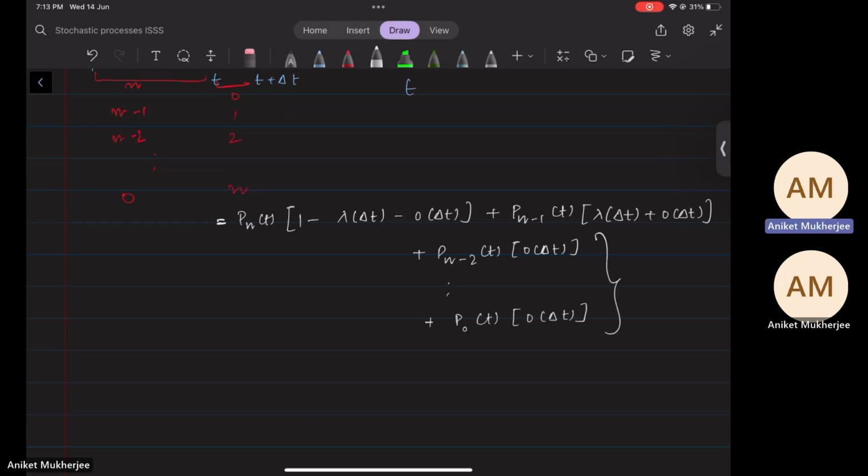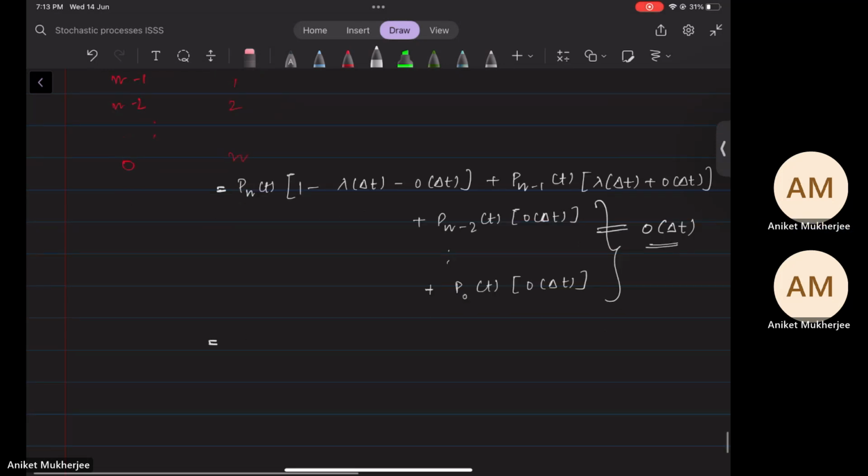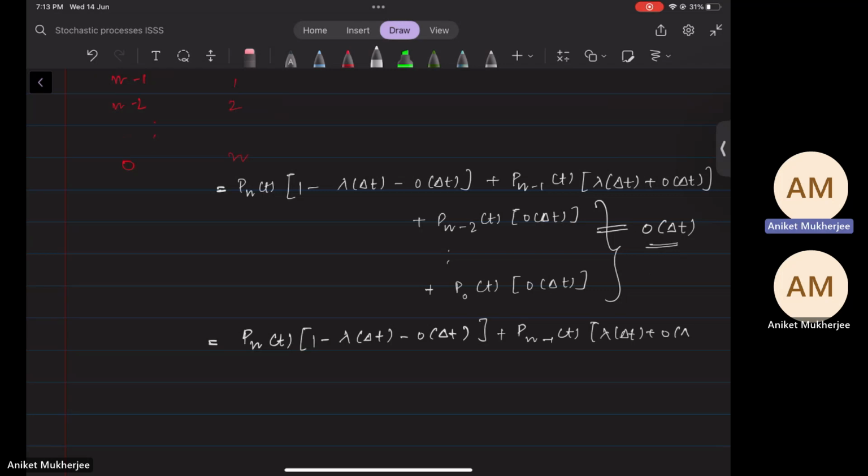Since these are all order of delta t, this is just a linear combination of functions of the order of delta t, so this again will be a function of order delta t. So this is basically p n t into 1 minus lambda delta t minus order of delta t, plus p n minus 1 t into lambda delta t plus order of delta t.